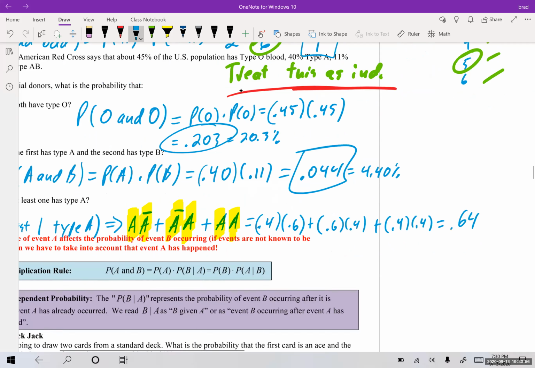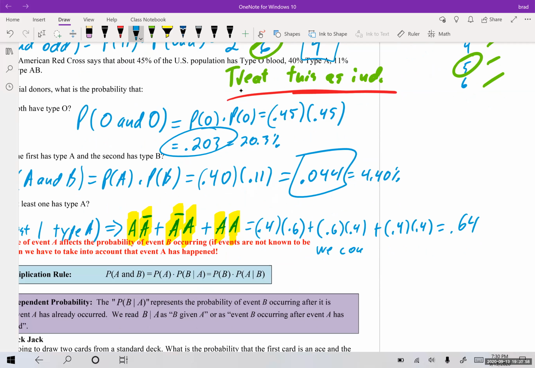We could use the complement in a better way. Well, doesn't "at least one" mean that one of them has it or both of them have it, right?